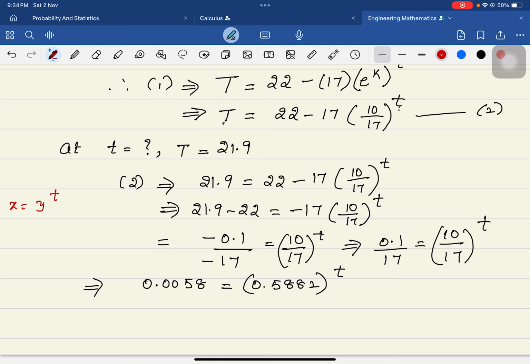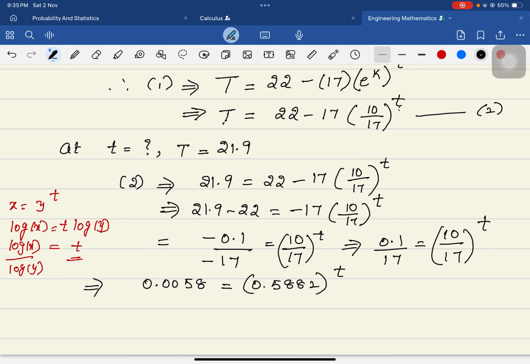Then how can you take this t outside? That means log of x is equal to t times log of y. So t is log x by log y. This value gives you your t. So this is what we are going to do.